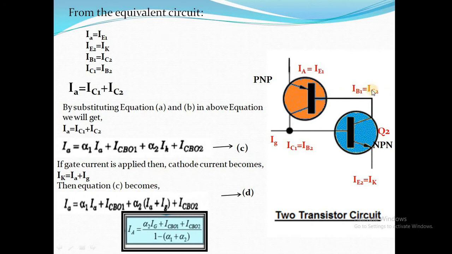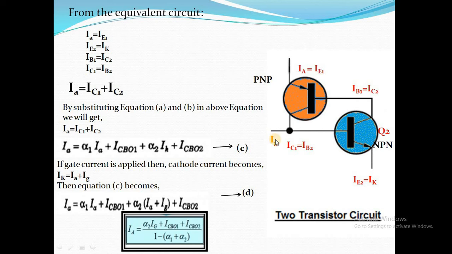So this IC is 0, and this IC makes the base current of the first transistor 0. As the base is not getting any current, the first transistor also remains in an off condition. Therefore, to make the SCR turn on, gate supply needs to be applied.